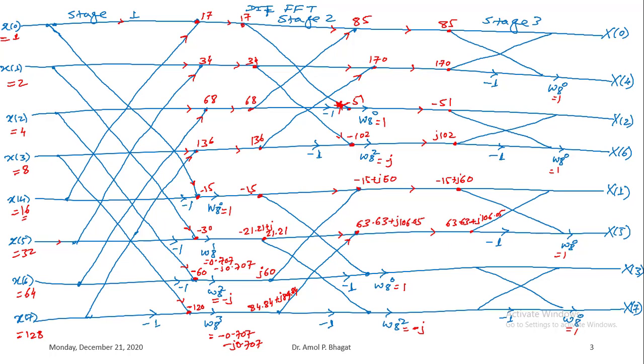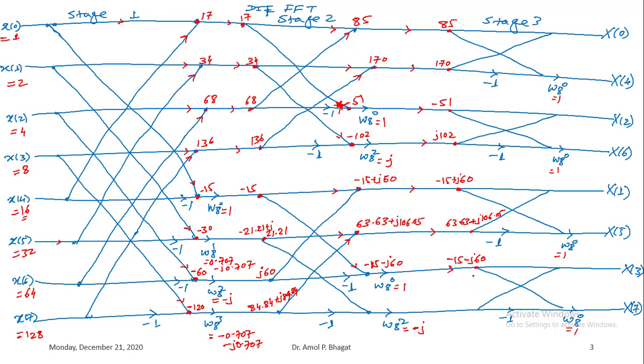Okay, here again -15 will be coming, then j60 minus 1, so minus j60, so it will be -15 minus j60, right? So this will go as it is here, right? Multiplying it with 1, so you will get same value, so their input will be -15 minus j60, right?